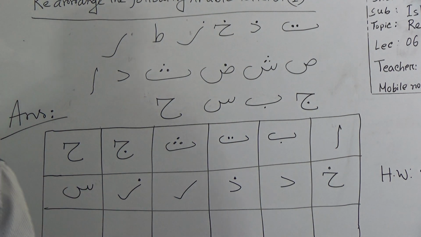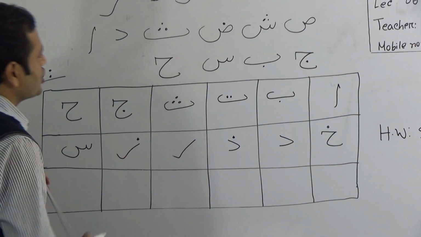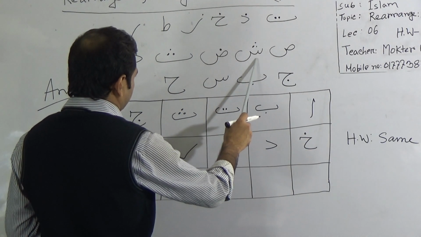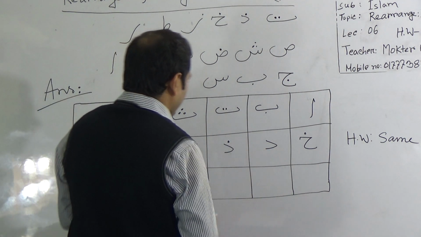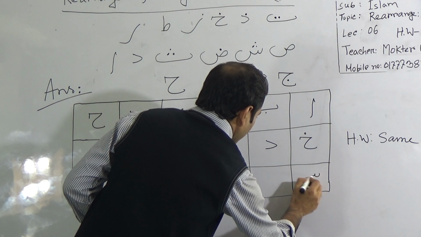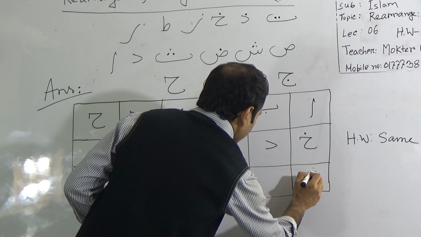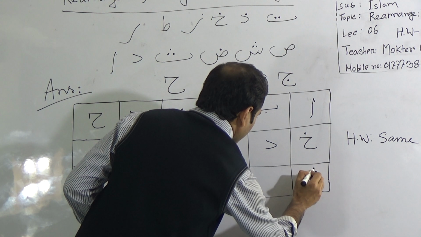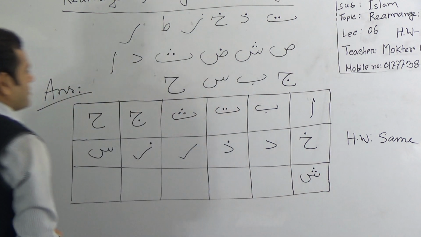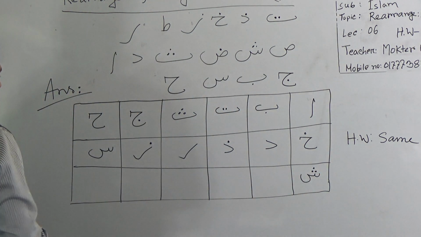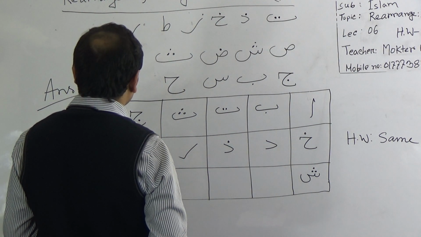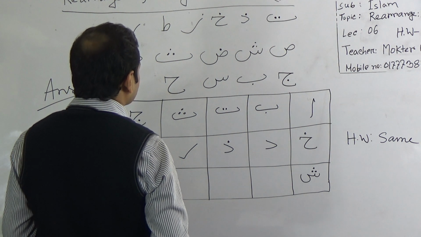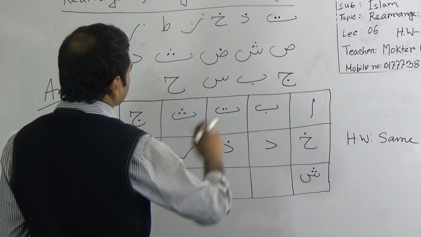After sin, which letter comes? Shin comes after sin. Shin is written in the second line. So we'll write shin here. Now after shin, which letter comes? Swad. Students, where is swad?